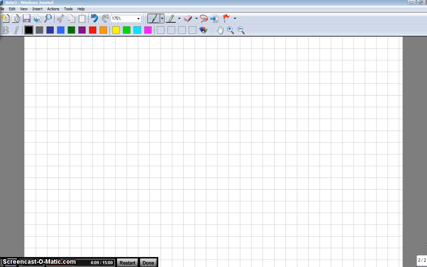Okay, so next we're going to look at our two special right triangles. Two special right triangles are our 30-60-90 triangle. And if we remember the ratio of the sides, we have the short leg being 1, the hypotenuse being 2, and the long leg being the square root of 3.